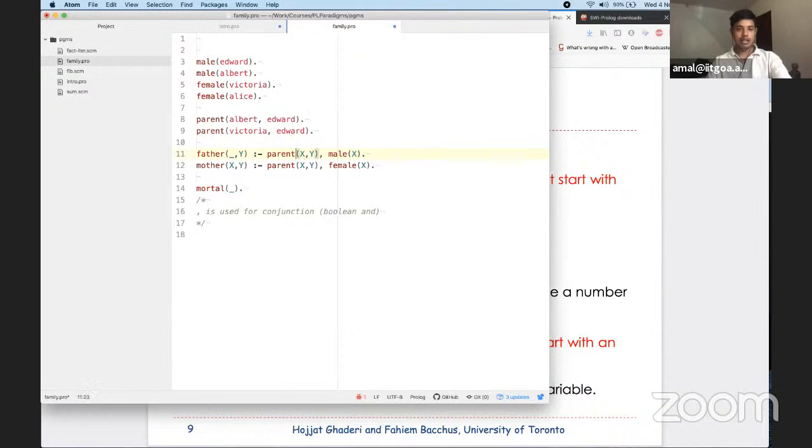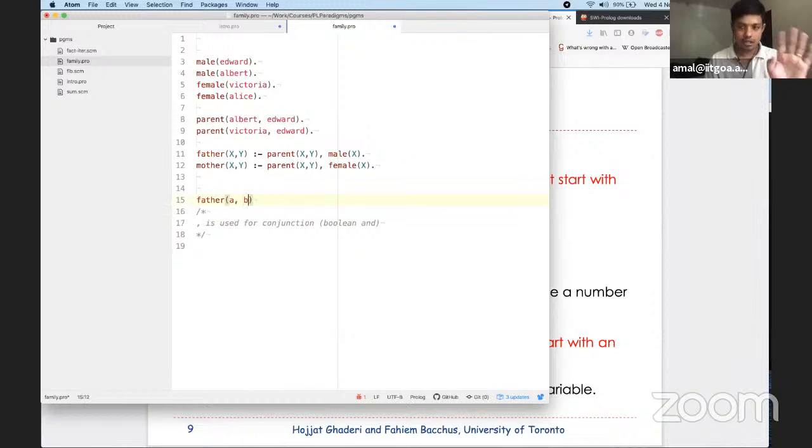Let's understand one special thing about these variables. When I have father of X, Y, and X is some particular value, that same value of X has to be used in this X and this X. So if I want to prove that father of a, b, where a and b are atoms, then in order to prove that, I should prove parent of a, b and male of a.